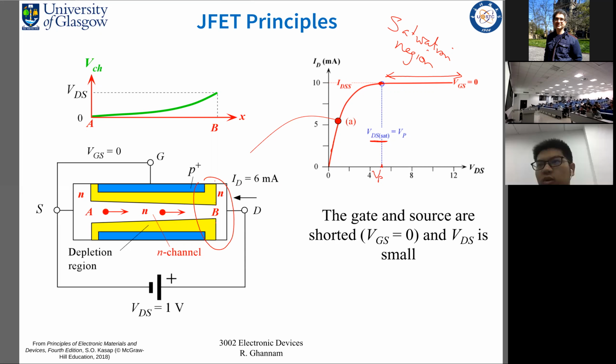When we further reverse bias the base collector region, in theory, this should result in no further increase in the collector current, but in practice there is a slight increase in the collector current as a result of base width modulation. So similarly, in an ideal JFET, there should be no further increase in the drain current. However, there is a slight increase in the drain current, and we shall see why in the next slide.